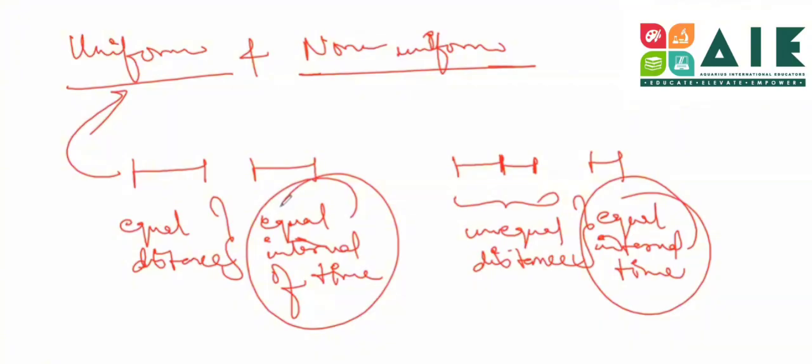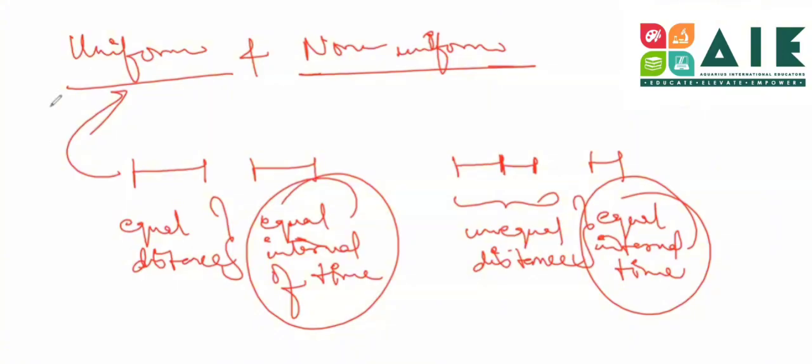Like I am measuring in kilometers per hour, so per hour is my fixed thing. If I'm measuring meter per second, my per second is fixed. So time will always be equal, whereas the distance you have traveled will be equal and unequal as per the uniform and non-uniform graph respectively. Understood, Akshita? Any doubts?